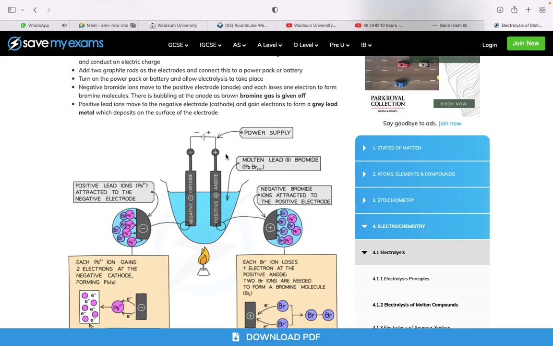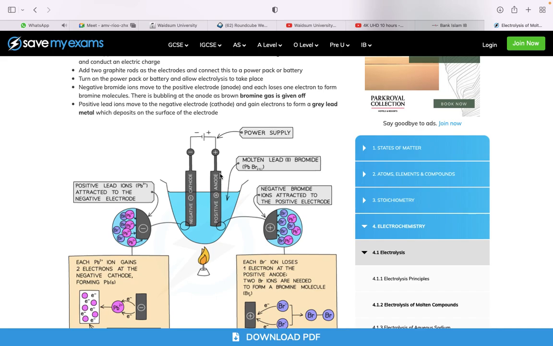You see bromine gas bubbling off at the anode, because bromine is a gas.